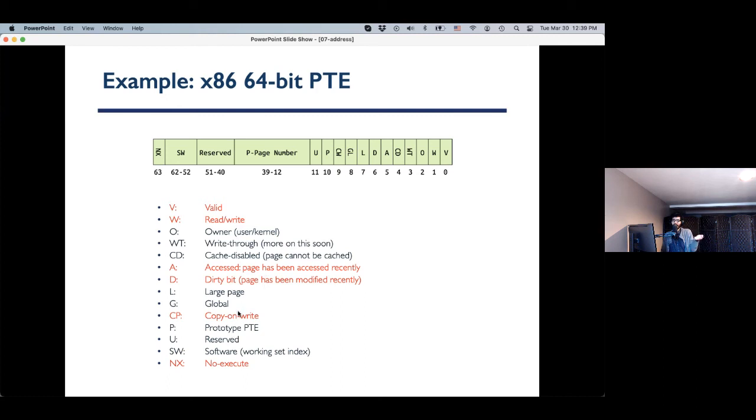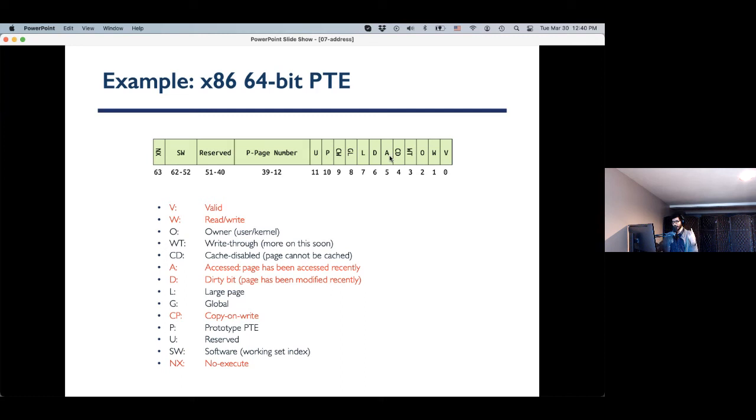But what systems usually have is this: the first time you access a page and the hardware misses in the TLB, so the translation is not cached in the TLB, you have to go to the page table to look at the translation. When you're looking at the translation, it means that you want to access that page. So when the hardware looks at the translation, it also sets this bit to 1.